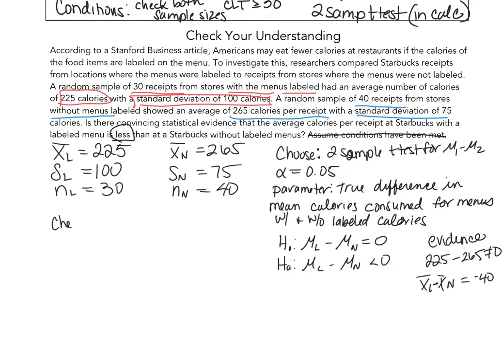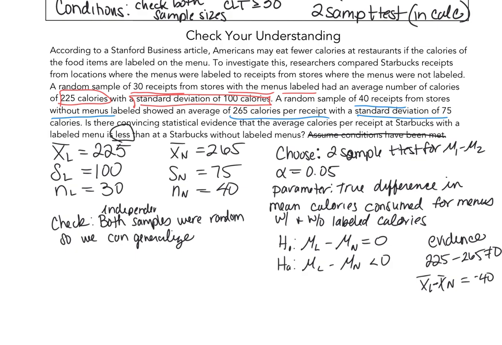And so we're going to check our conditions. Samples were random, so we can generalize. They were independent of each other because they were different stores, so we have independent random samples. That's important because that's why it's the 2-sample test and not the matched pairs.